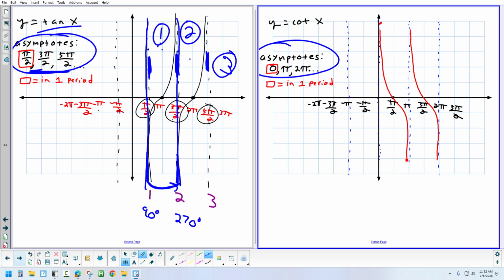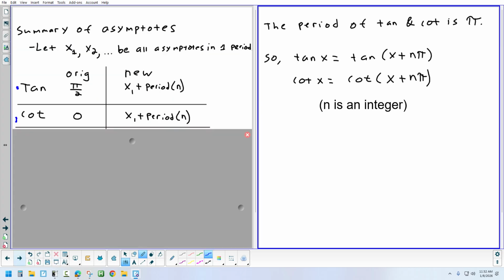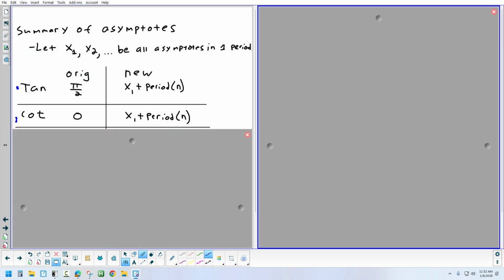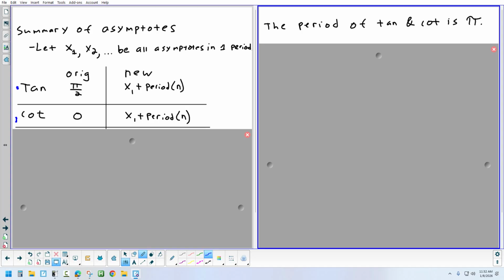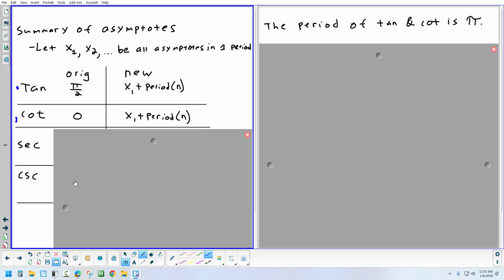I'm going to write that down in a minute. So the period length of tangent and cotangent is 180 degrees, or if you want to say it in radians, pi. Okay. And we are going to look at secant and cosecant, so I want you to leave 4 rows in your table.